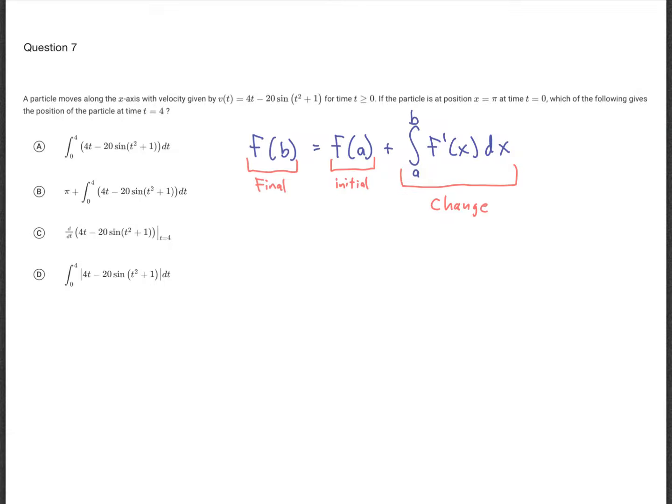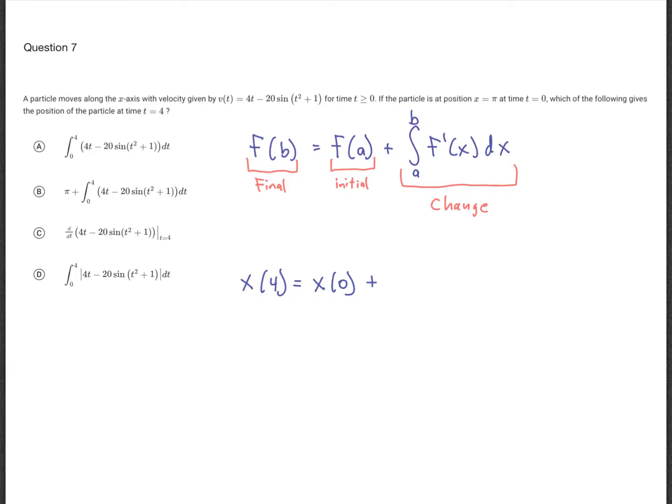So let's say the position is x. We want to know the position at 4. We're given the position at 0. They say at t equals 0, the position is pi. So this is really pi here.